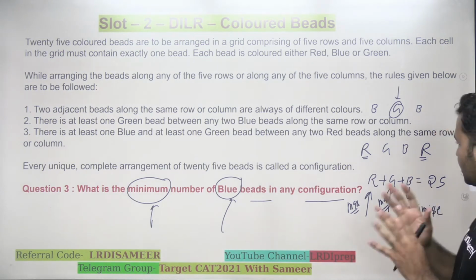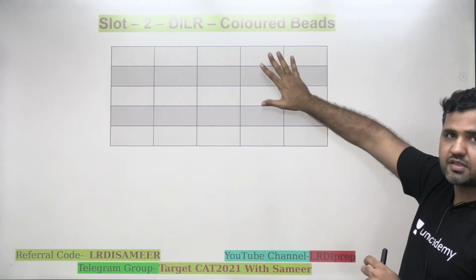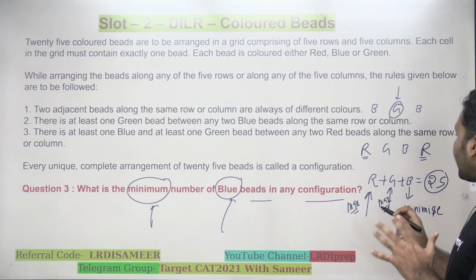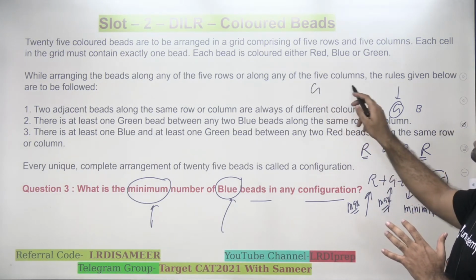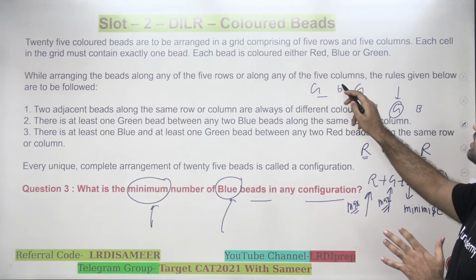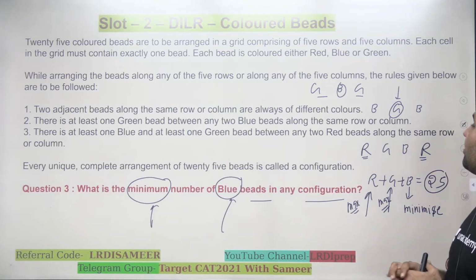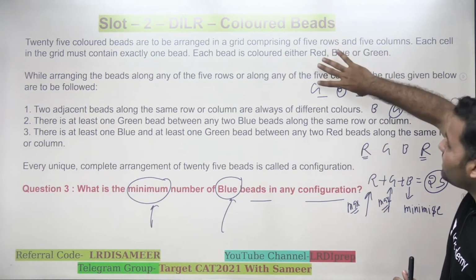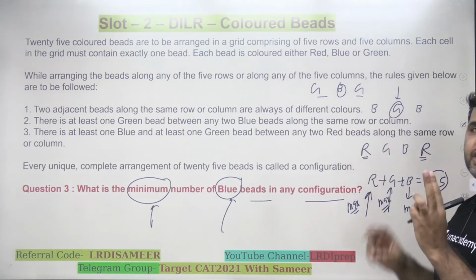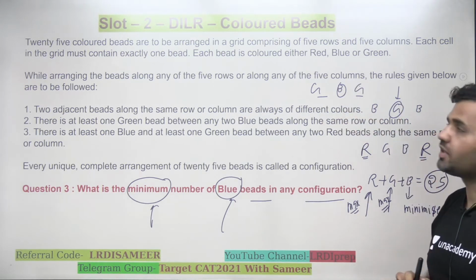Total number of cells in a 5 into 5 matrix is 25. If I'm trying to use the maximum number of green beads, between any two greens I need to place blue, so that two adjacent are not the same. But maximizing the green beads will utilize three beads, because two greens will be occupied and one with the blue.